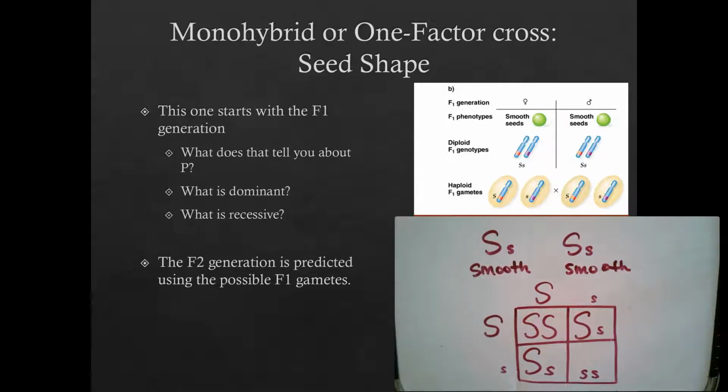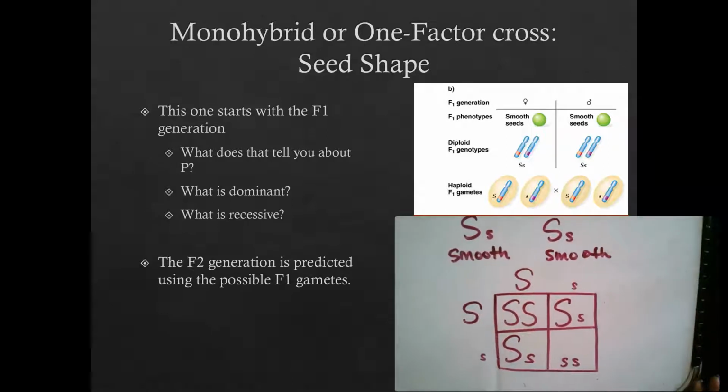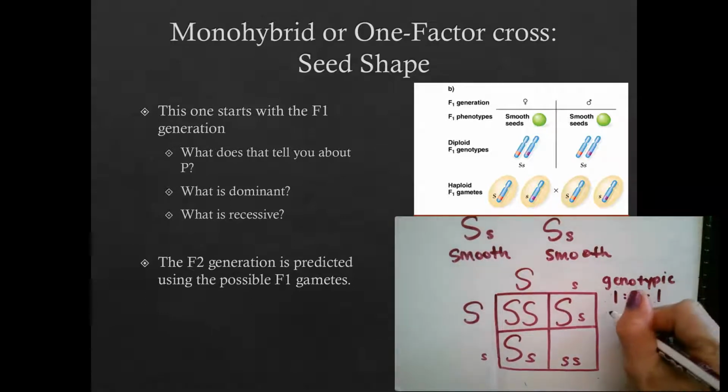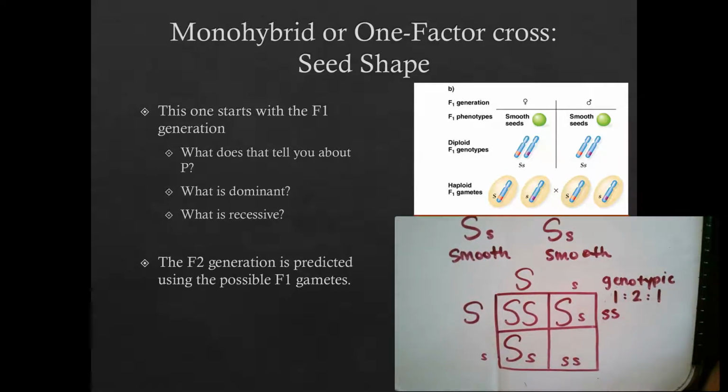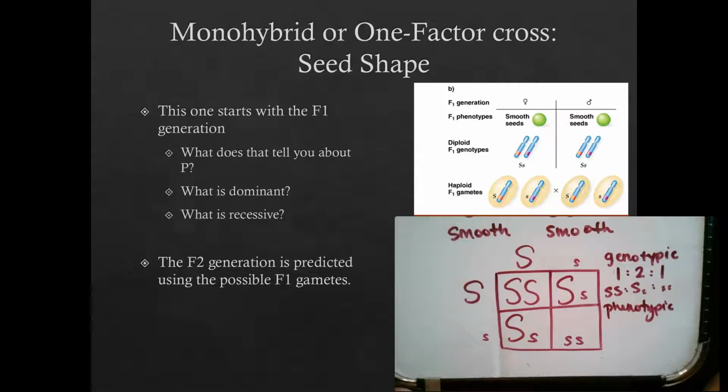And so I expect in my F2 generation to have the genotypic ratio of 1 to 2 to 1. And remember, that's the homozygous dominant to the heterozygote to the homozygous recessive. For my phenotypic ratio, I expect to see a 3 to 1 ratio, smooth to wrinkled.